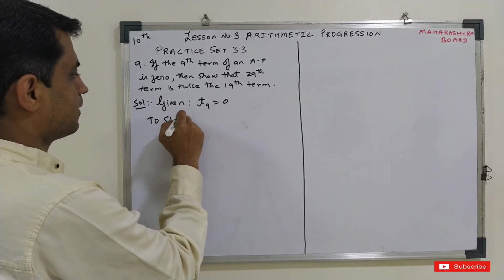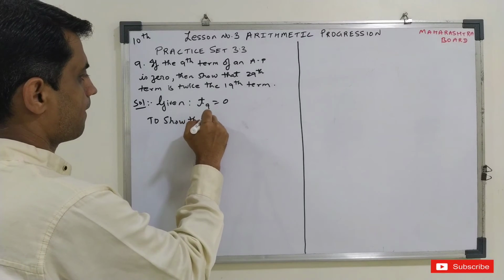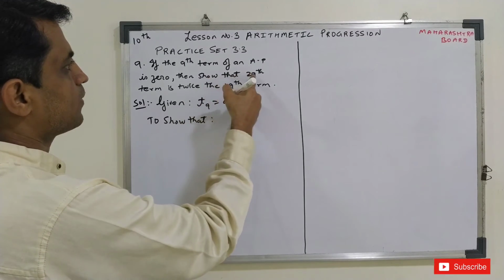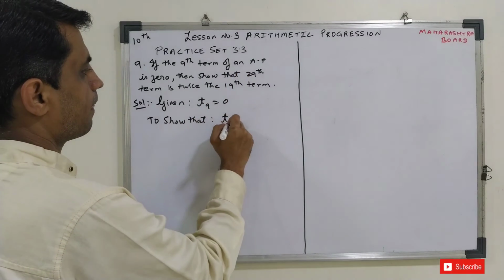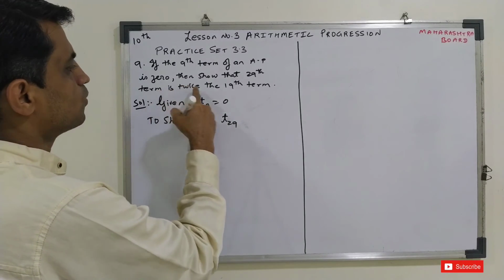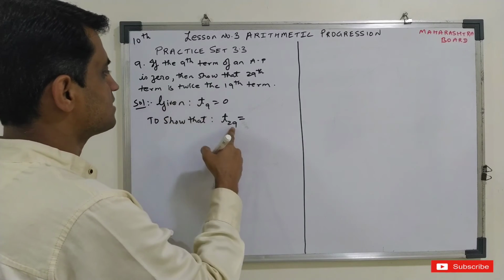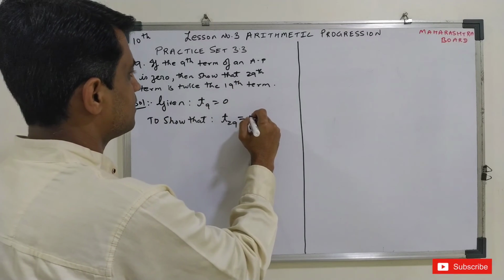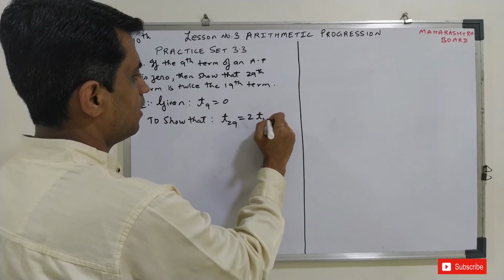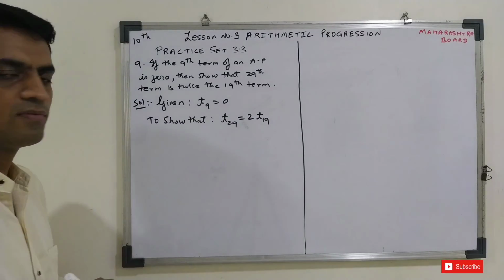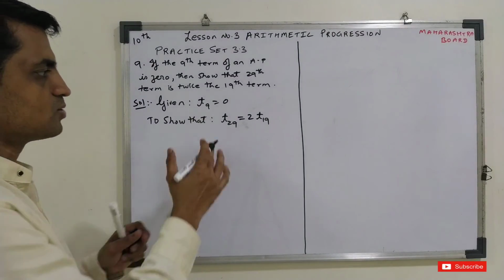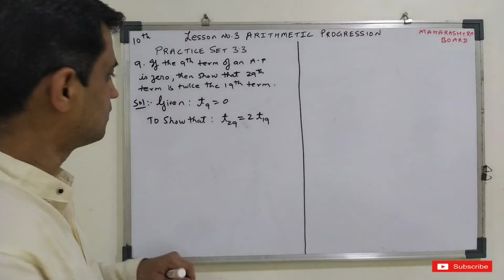To show that, the 29th term is equal to twice the 19th term, means double of 19th term. This we have to prove. We have noted down so that we can easily solve it.